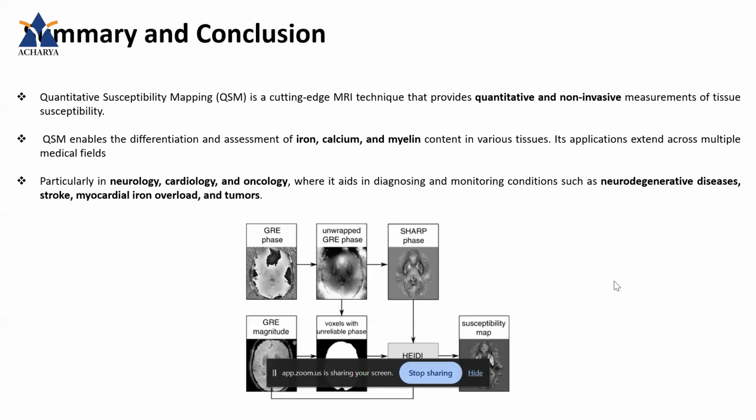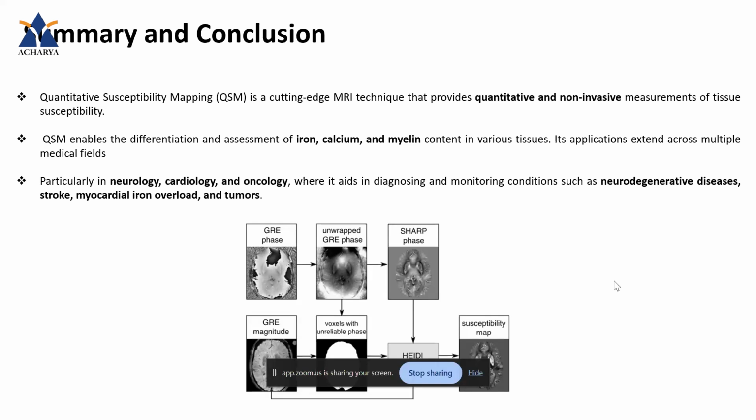Coming to the summary and conclusion, quantitative susceptibility mapping is, first of all, a cutting-edge MR technique, an advanced MRI technique that provides quantitative images, whereas in conventional MRI we get qualitative images. It provides a non-invasive measurement of tissue susceptibility.